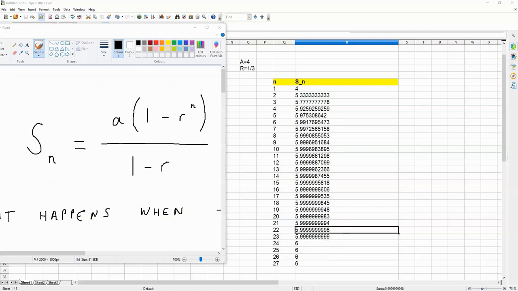Now there is a way to describe what is happening on paper, and when you describe it correctly, what you end up with is the formula for the sum to infinity of a geometric series. I'm going to be showing you how to get that formula in this video, so keep watching.